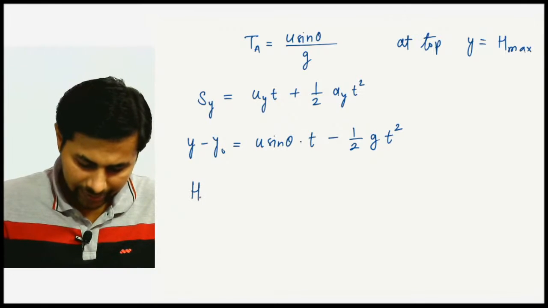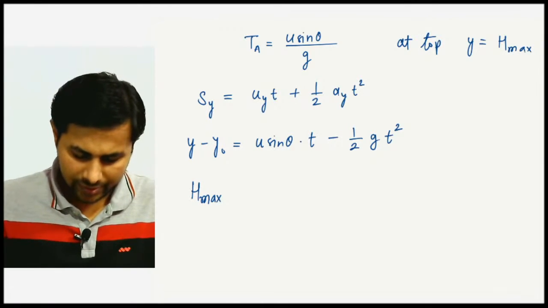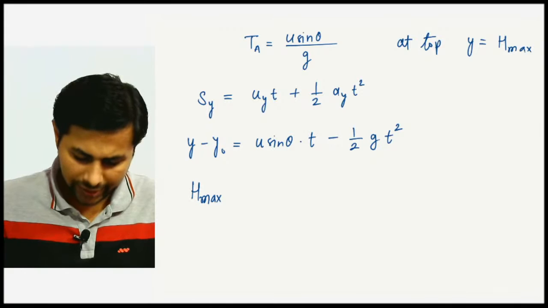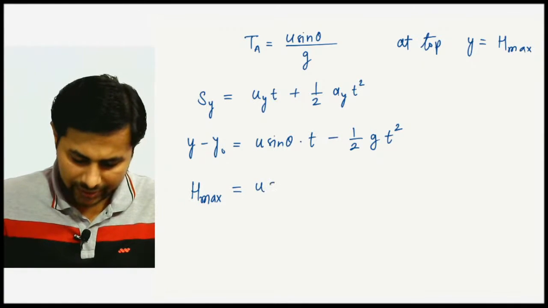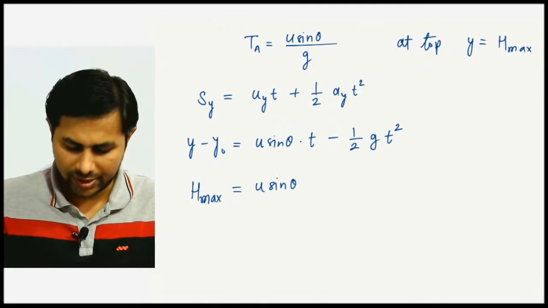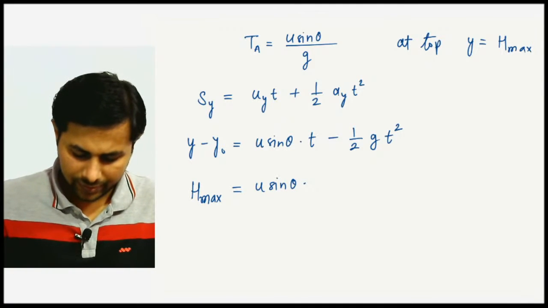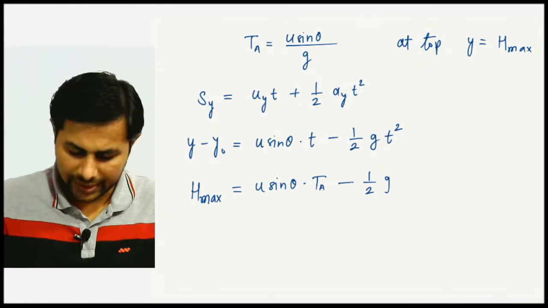So we get h max minus y naught is 0. So h max equals u sine theta times Ta minus half of g times Ta squared.